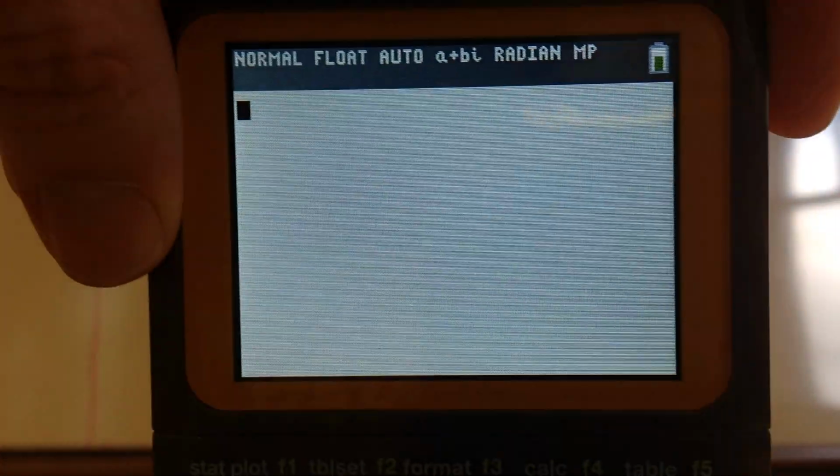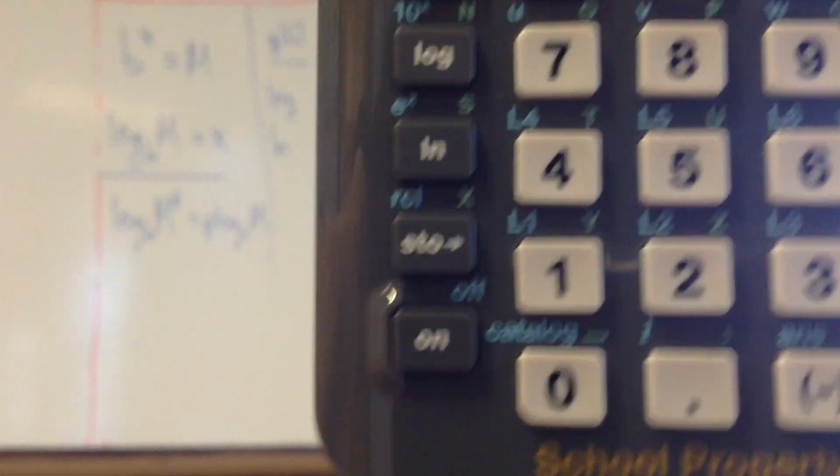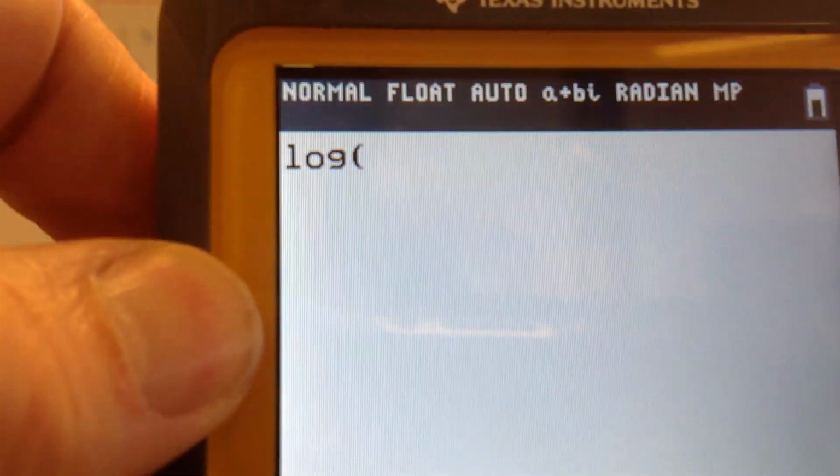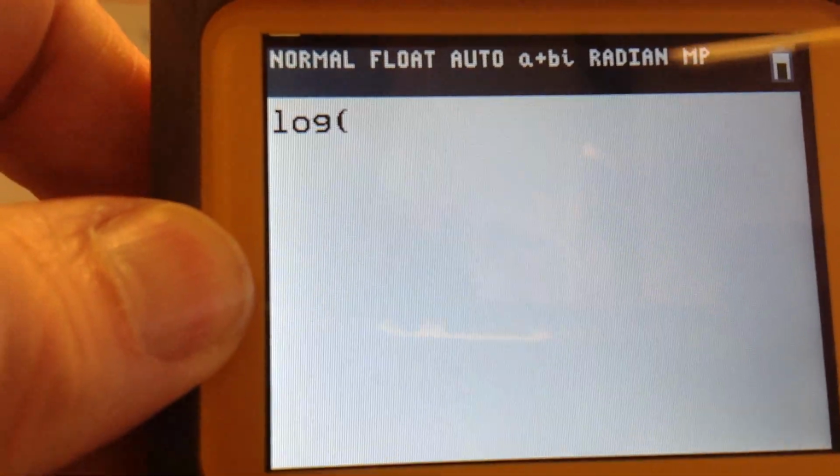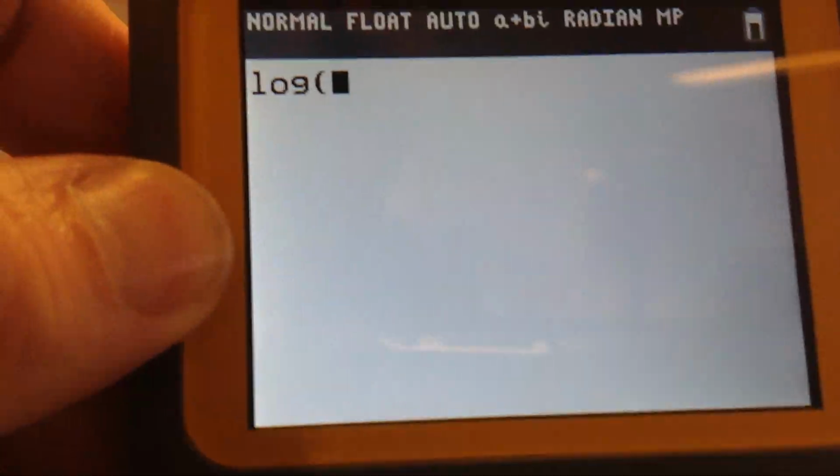Okay, let's see here. Okay, so we saw a few minutes ago how the log keys are over here. So we'll hit log. Now as soon as I hit log, notice how it automatically opens up a parentheses. So it's important to close that parentheses after we type in the 9, right? So we'll type the 9 in, and then we got to close that parentheses.